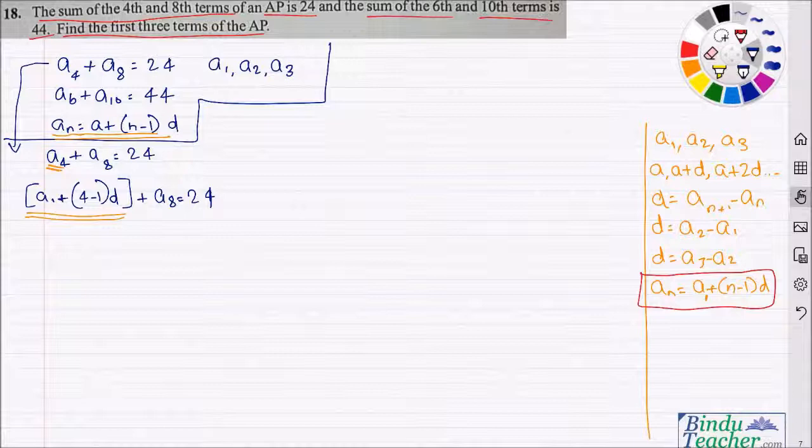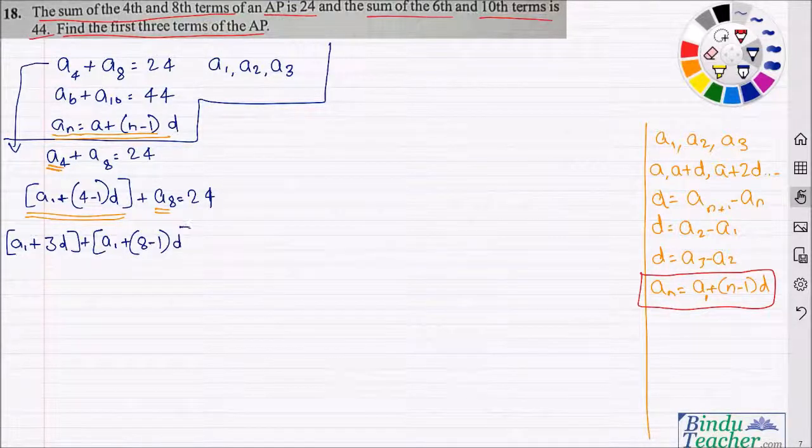Okay. So we will do a similar thing for a8 also. So here I'll write a1 plus 3d, plus a of 8 can be written as a of 1 plus 8 minus 1 into d equals 24. Right? Again, we substituted a8 with this equation.